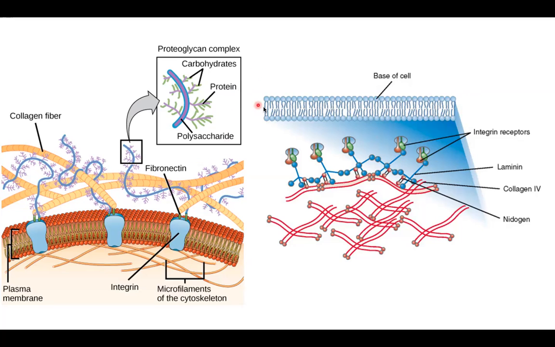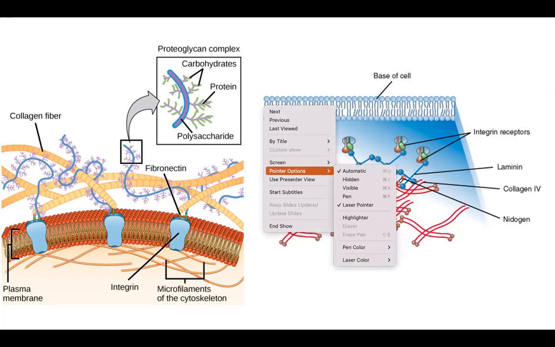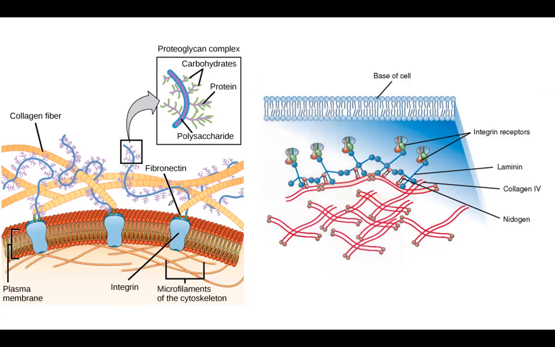Let's start with fibronectin. What they want you to know about fibronectin is that it can attach to all forms of extracellular matrix except type 4.